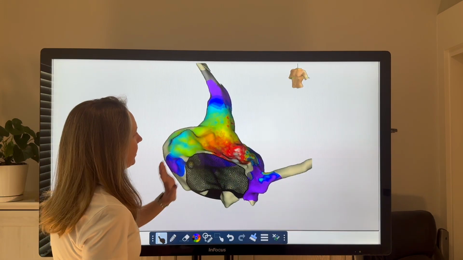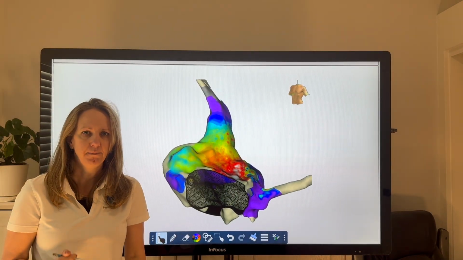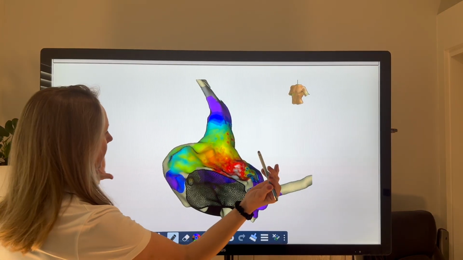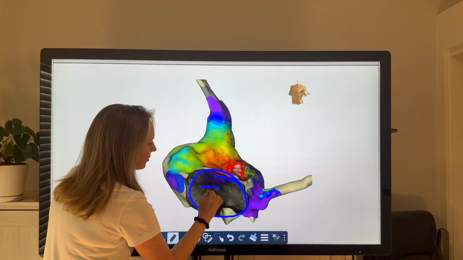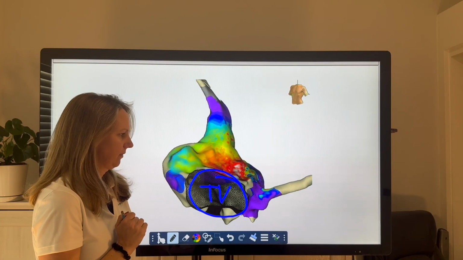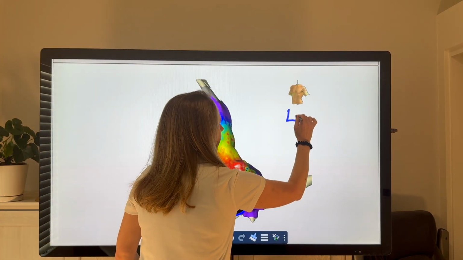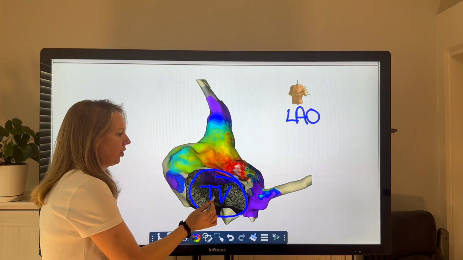And here's what our 3D map looks like. Okay. Quick breakdown of what this is: we are looking down the barrel of the tricuspid valve. So here's my tricuspid valve. Okay. So I know, without even looking at the image here, I know this is LAO because we are looking through the valve.